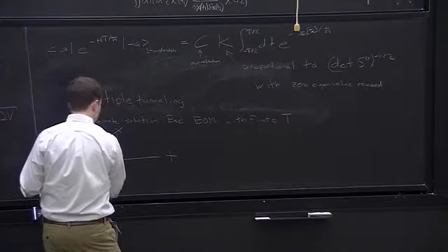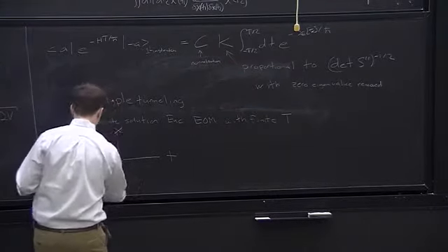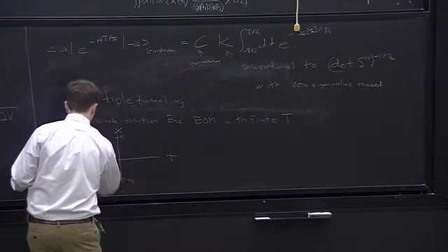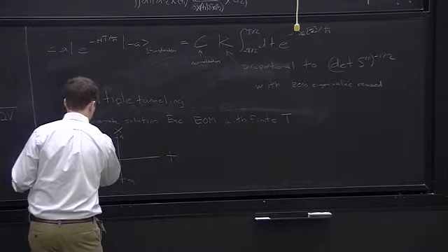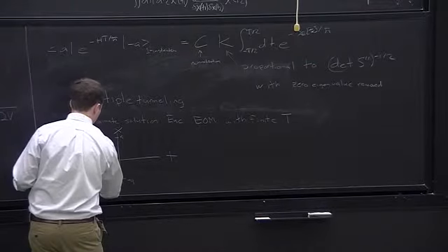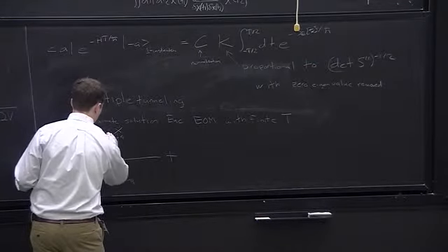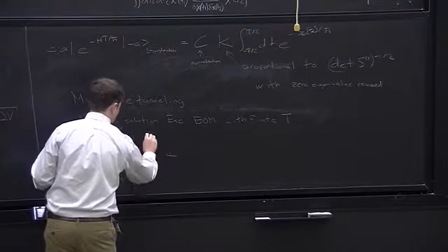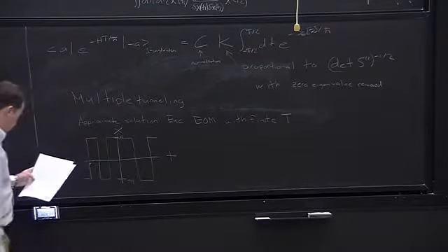We'll start out at minus A and very quickly go to plus A, stay there for a long time, go back to minus A, and do this several times, eventually ending up at A.